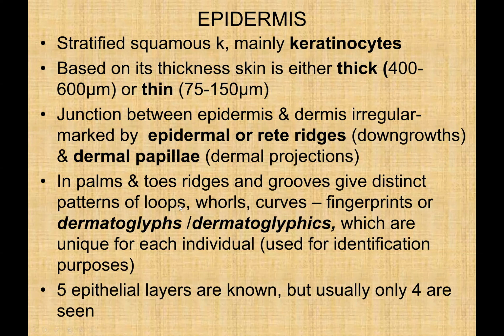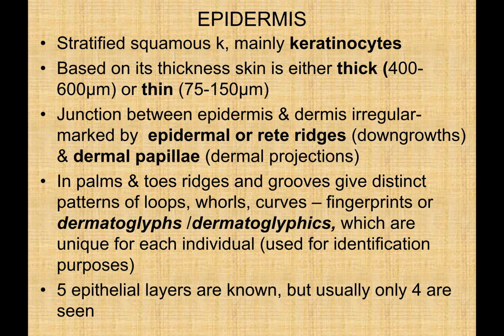In palm and toe ridges, we have distinct patterns of loops, which we call the dermatoglyphics. The dermatoglyphics are so distinct that they give prints whenever they are touched on something.